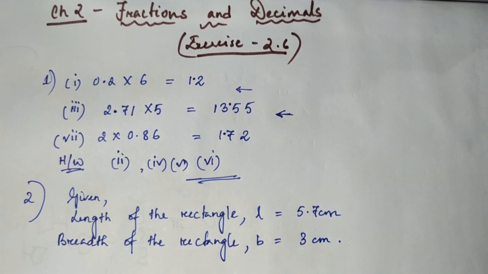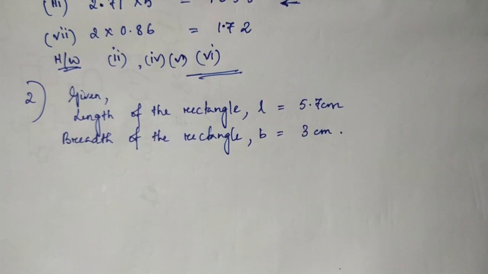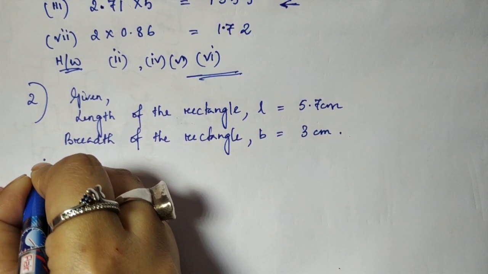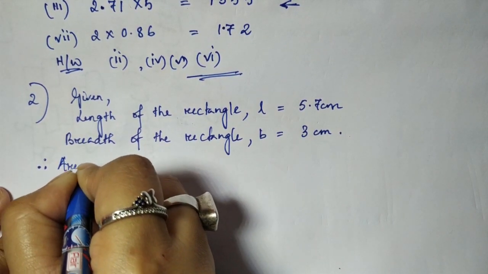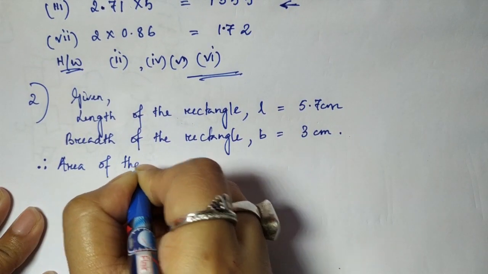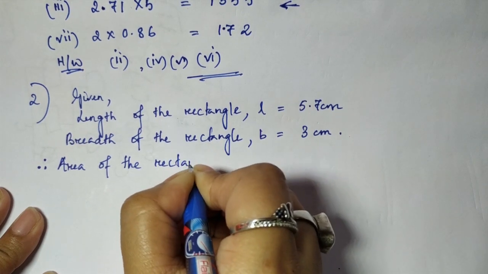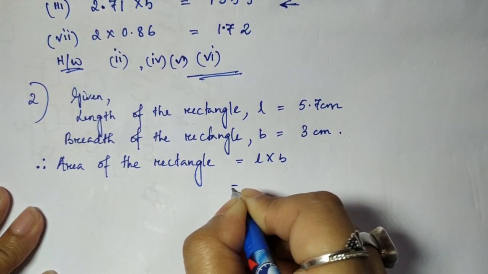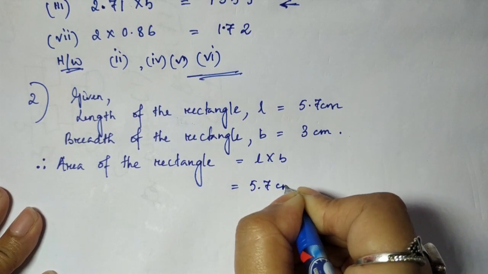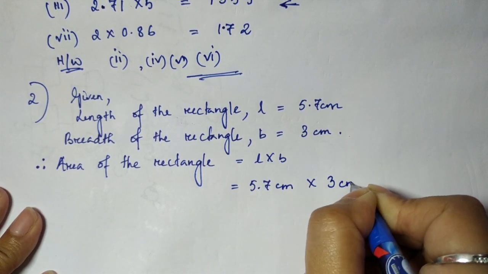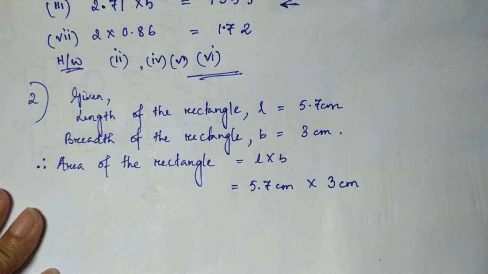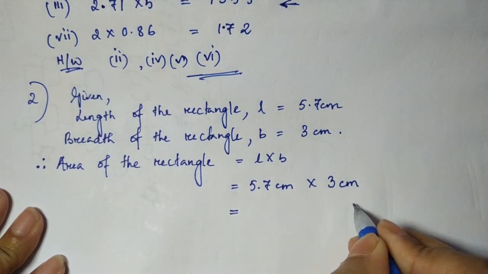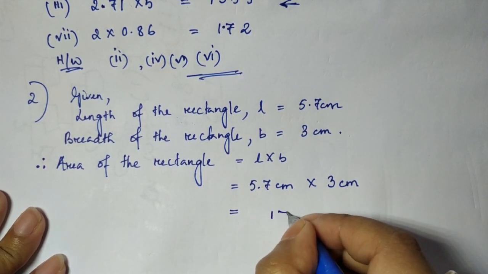So how do I find the area? Just L into B. So therefore what do we want? Area. Therefore area of the rectangle is equal to L into B. L is equal to 5.7 cm and B is 3 cm. As we have multiplied decimal numbers here also, 57 into 3 is how much? 171.